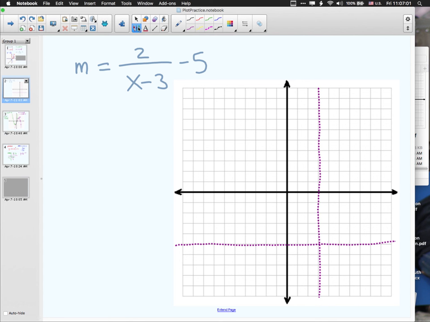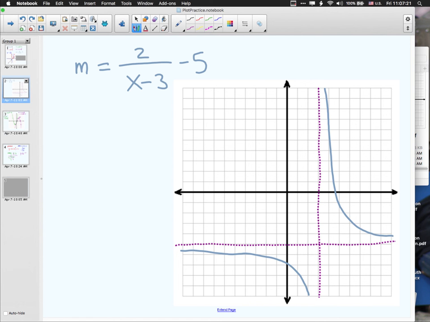So if we wanted to be lazy, could we have just put a dot in the center of the axis that's already drawn on the graph and just label it as 3, -5? Yeah, and then use the line that's already there for you. But for now, we're going to say you have to draw the asymptotes.